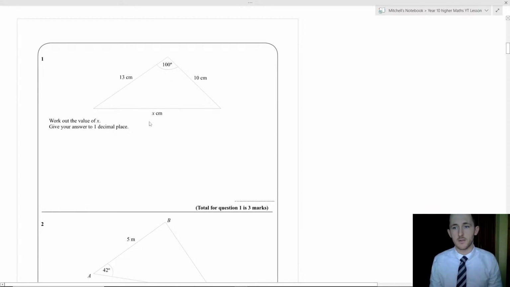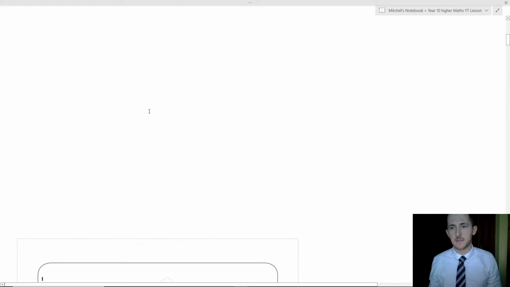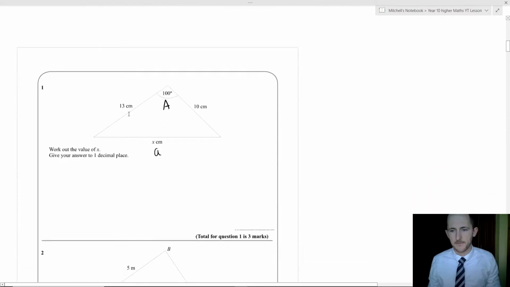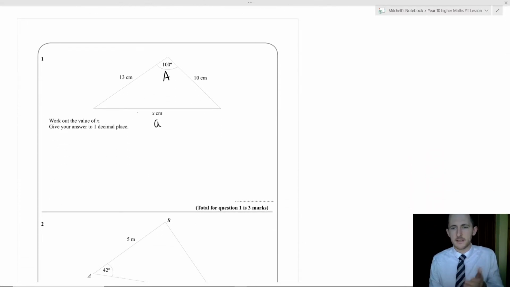So this is my angle, so I'm going to label it capital A, which makes this side lowercase a. That makes me happy because the formula here has a equals. A squared equals, technically. Now, it doesn't matter what I label the other two. I can call this one B and this one C, or the other way around.